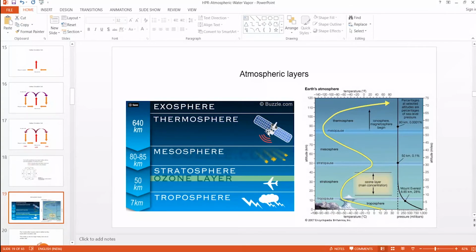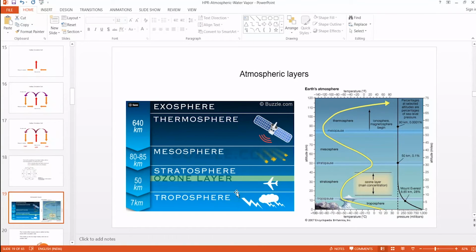So why I'm explaining these different atmospheric layers is because the hydrological cycle mainly takes place in the troposphere. Okay, and between the stratosphere and troposphere, there are sharp gradients of pressure and temperature, due to which there is a wind flow at this border, that is called the jet streams.